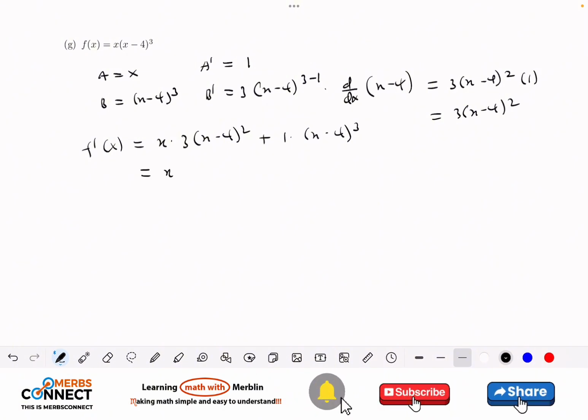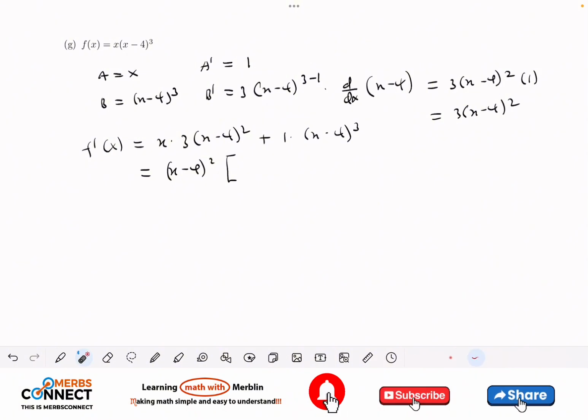So I have this one here, I have this one here, so I can factor it out. So I can factor (x minus 4) out, right? So when I factor this one out, what will be left? x and 3, which is the same as 3x. Then this is to the power 3. When I factor squared out, it will be left with plus x minus 4.